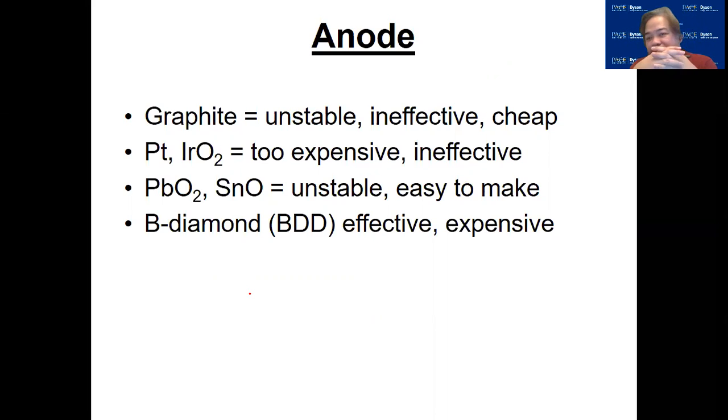Graphite is unstable and ineffective, although low cost. Platinum and iridium oxide are too expensive, and in some cases also ineffective. The lead oxide and tin oxide are unstable but easy to make. The one that is effective is the boron-doped diamond. It's expensive, but it is effective.